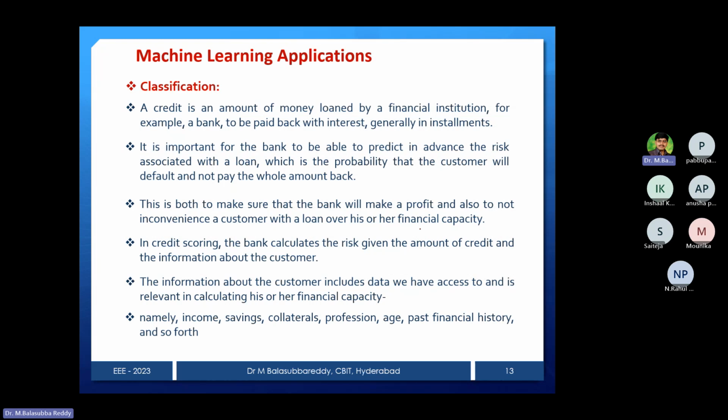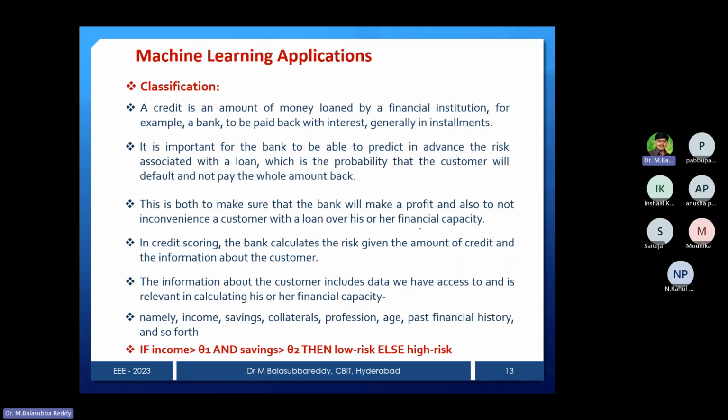For some loans they will ask for collateral, or your property has to be registered to the bank, which we call a mortgage. And age, past financial history, the credit score, the CIBIL score or something. Based on that information, they will decide.